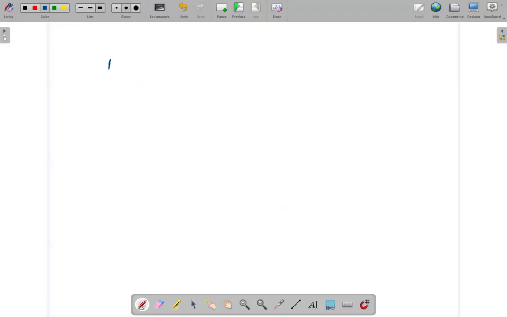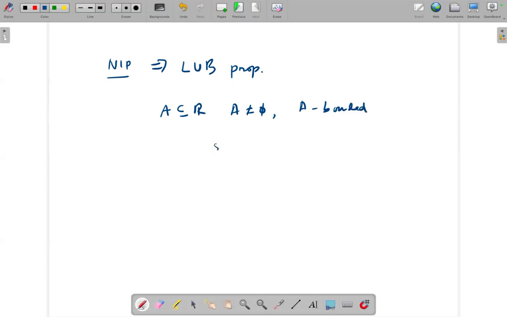I have NIP basically, and I have to show the LUB property. What the LUB property says is, if you have a non-empty bounded subset A of R, then sup A exists, right? Sup A exists.